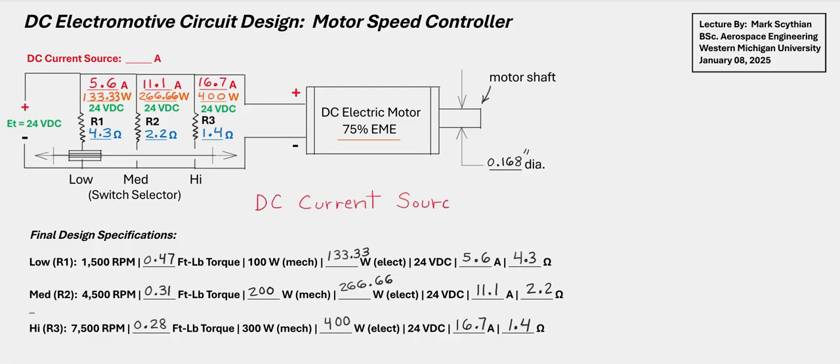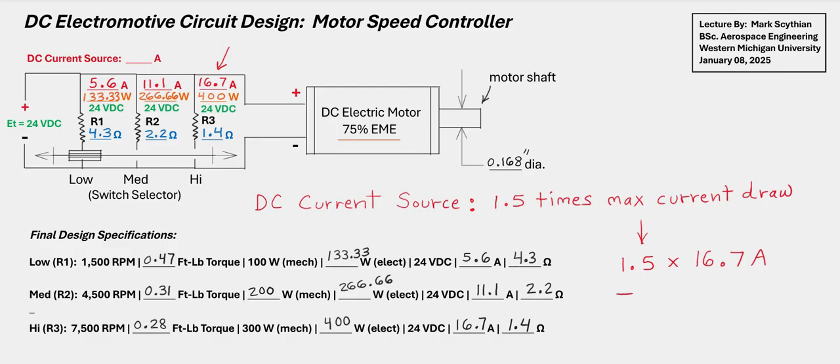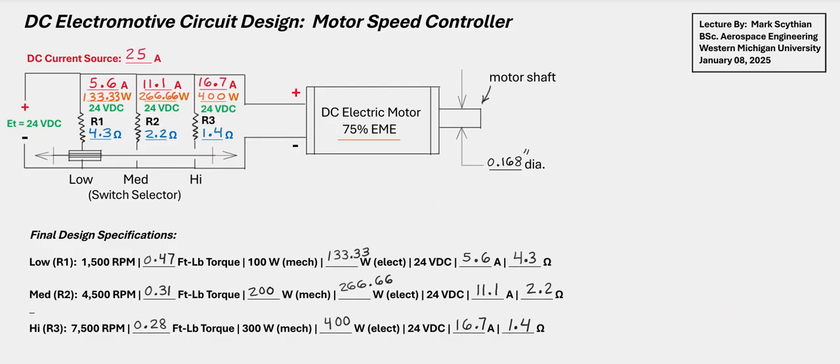And then the DC current source at the top right here, the source DC current must be 1.5 times the maximum current draw. So 16.7 amps times 1.5, we should have about 25 amps of current coming in at the source.